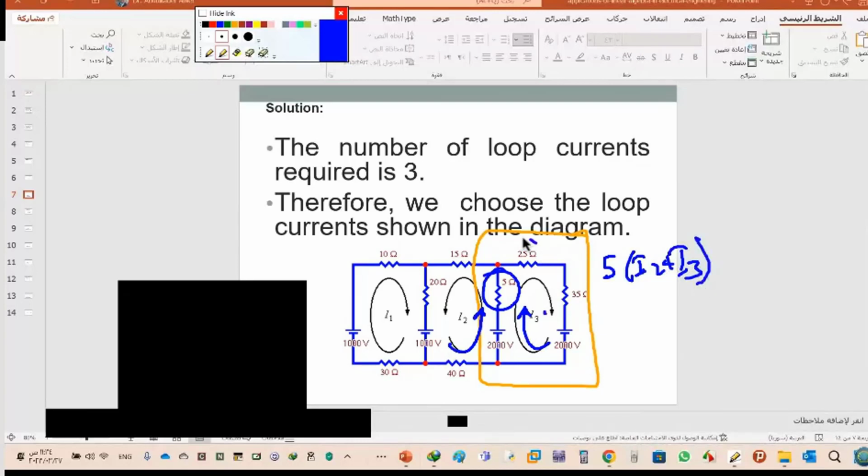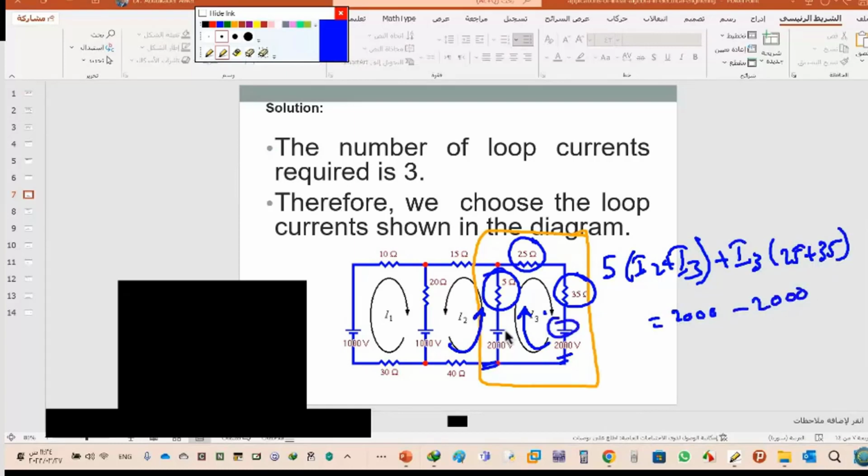Now for I3 we have 25 and 35. So put I3 25 plus 35 equal the same. So 2000 minus 2000 because they both are opposite. See this? Same direction, opposite direction. So 2000 minus 2000. Is it clear?